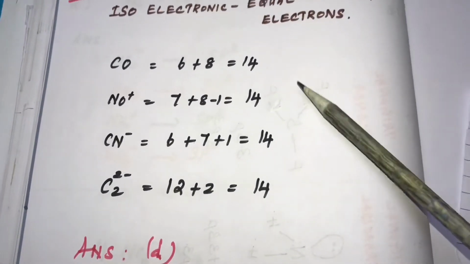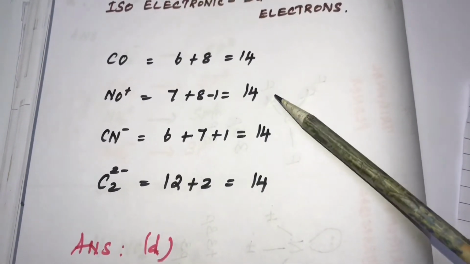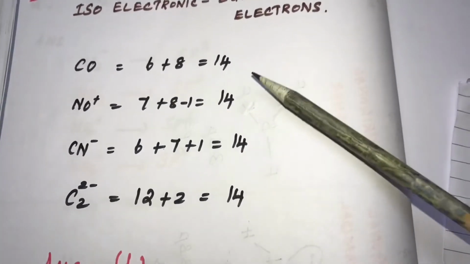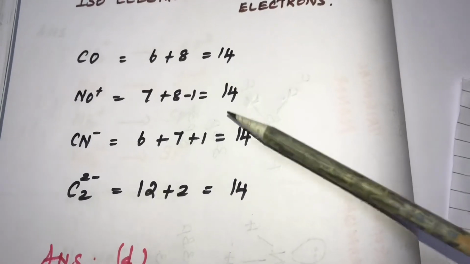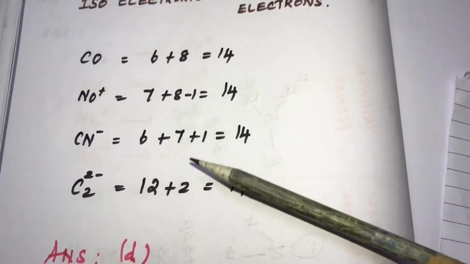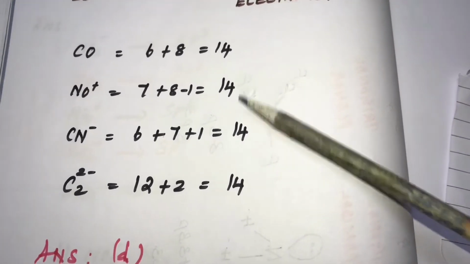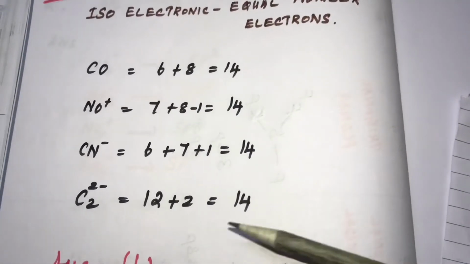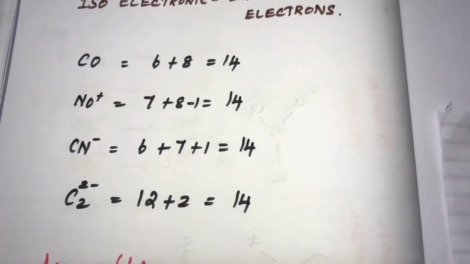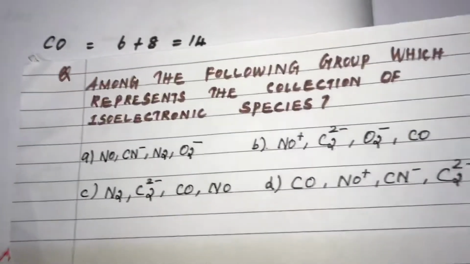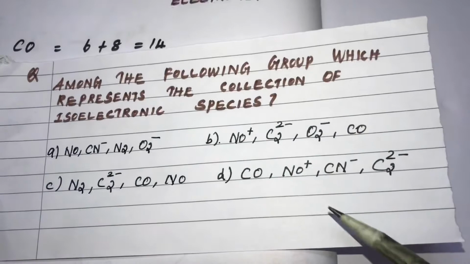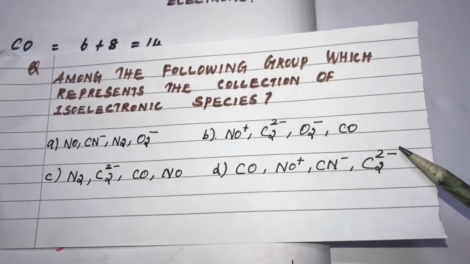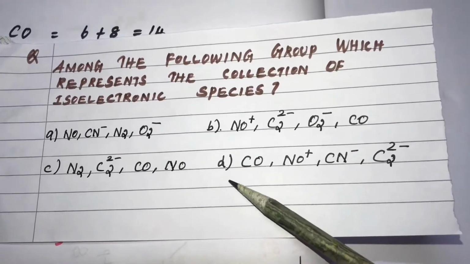So here CO, NO plus, CN minus, C2 2 minus all contain 14 electrons, so they are said to be isoelectronic. So in the given choices, the D choice is CO, NO plus, CN minus, C2 2 minus. D is the correct answer.